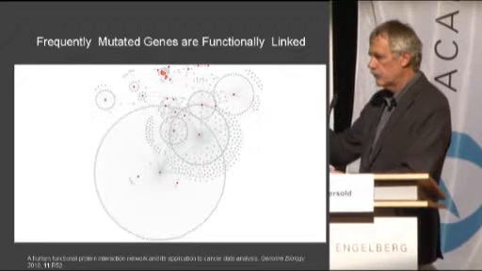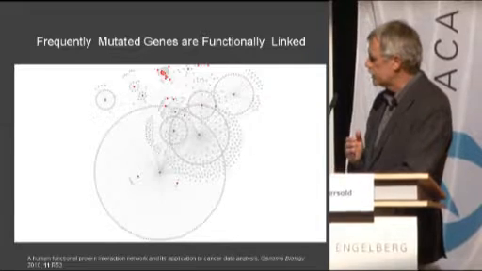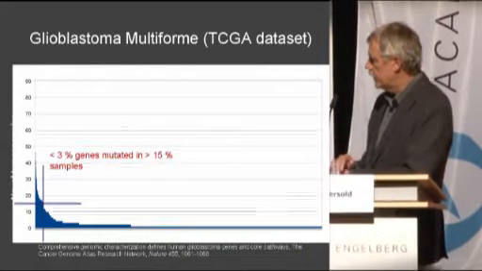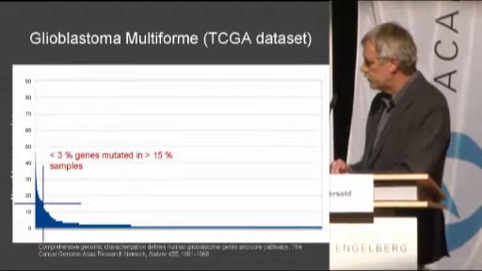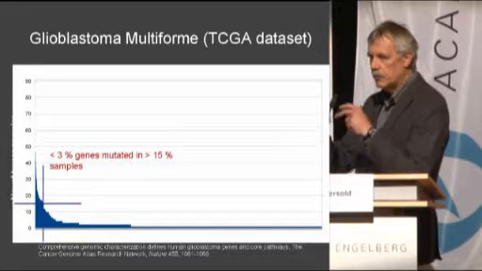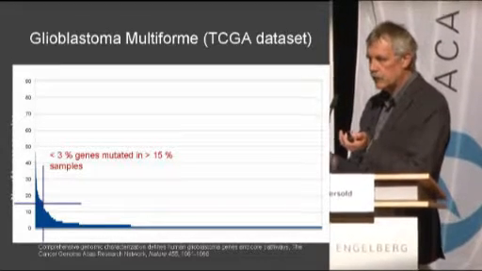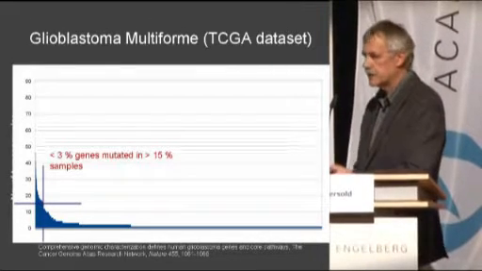So what I'm showing here, which is not quite visible, is that these individual proteins or genes that are mutated in these cases with decreasing frequency are not isolated events, but they are embedded in a functional network, so they have some relation to each other, and collectively they express a phenotype.